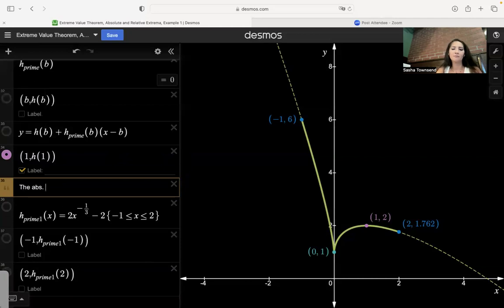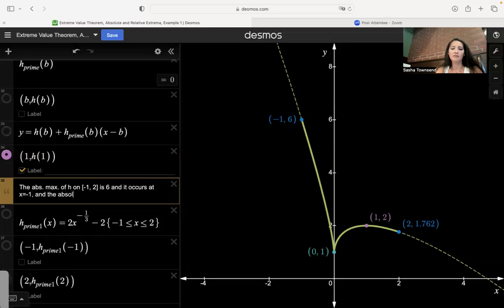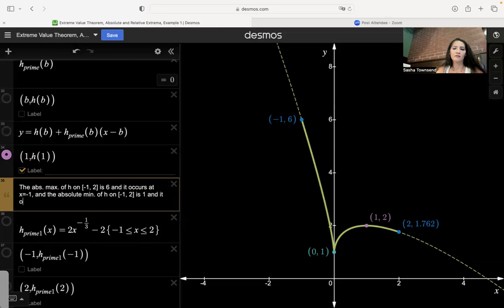The absolute max of h on the interval of interest, which is the interval from -1 to 2, is 6, and it occurs at x equals -1, and the absolute min of h on the interval of interest is 1, and it occurs at x equals 0.